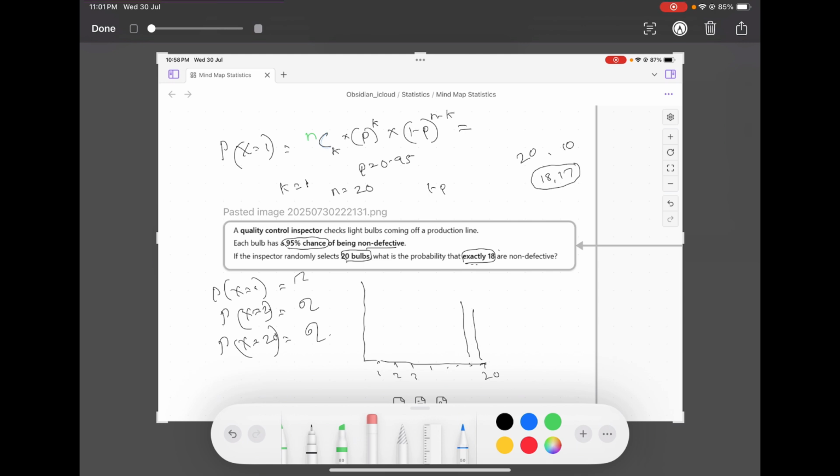You can see that the probability that only 1 will be non-defective is very low, and 2 is very low. So it will have a curve like this. In this case you cannot join the points because these are separate numbers, not a continuous case. So this is called a discrete distribution.